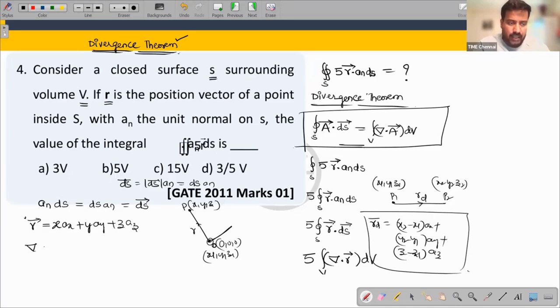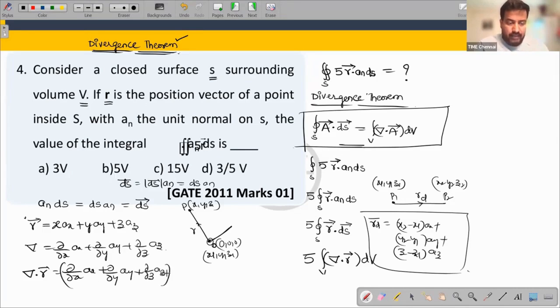Del dot R, where del is dou by dou x of ax plus dou by dou y of ay plus dou by dou z of az, dot xax plus yay plus zaz.